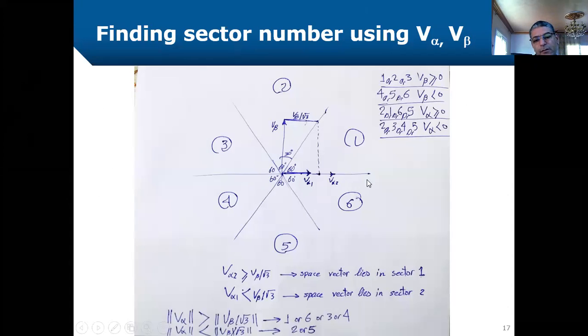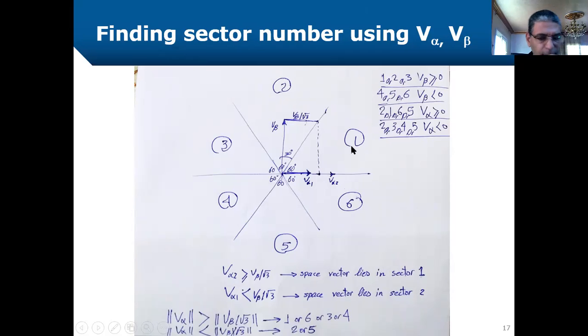This is the axis of the alpha voltage, and this is the axis of the beta voltage. Look, simply, if V beta is positive, then we have a possibility of either sectors 1 or 2 or 3. If V beta is negative, then we have a possibility for either sectors 4 or 5 or 6. For alpha positive, we tighten our choices to either 2 or 1 or 6 or 5.